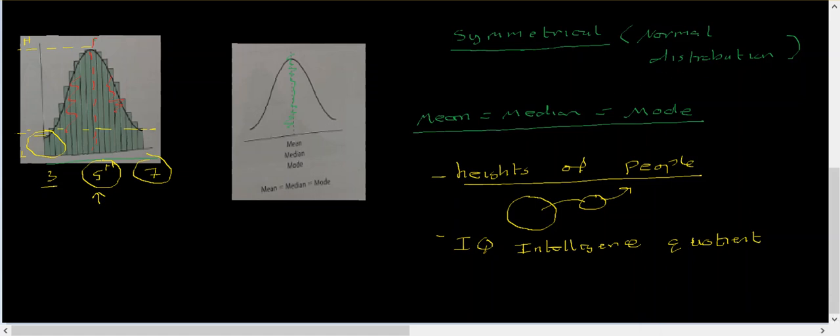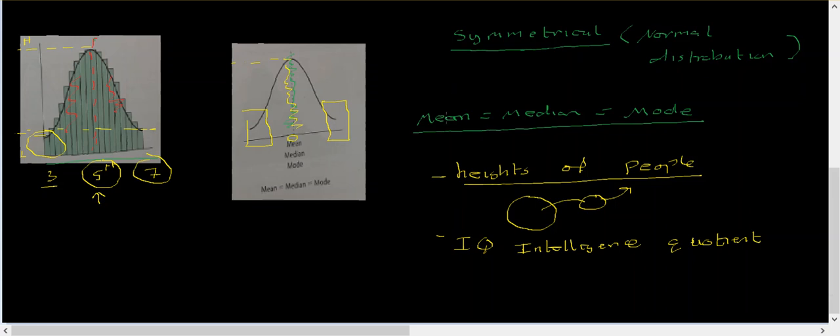So generally the average intelligence will fall somewhere in the middle, and the majority of your population will fall somewhere there. You'll have people with low IQ, generally a smaller group that will fall here, and then on the other side you're going to have a smaller group of people that have really high IQ, but the majority of the population will fall somewhere within the middle.